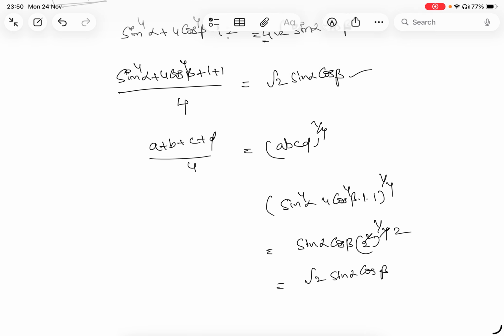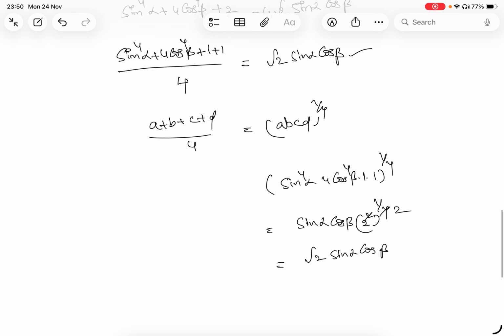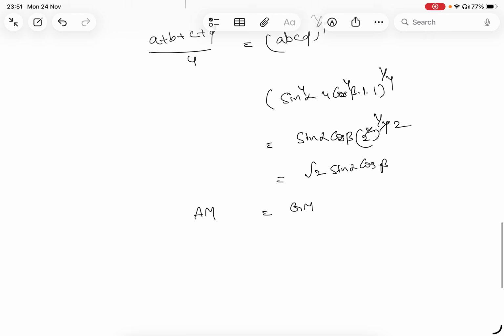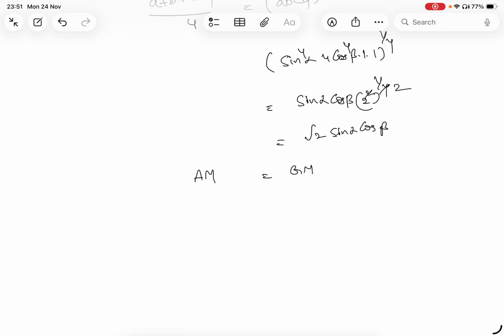Then this is true, right? The left hand side part is the arithmetic progression, and the right hand side part is the geometric progression. That means they are both equal. Now you should know that when the arithmetic mean and geometric mean are equal, the terms must be equal.